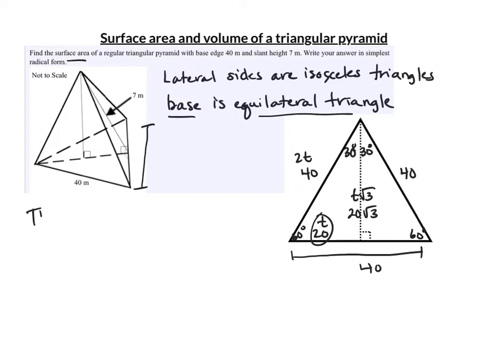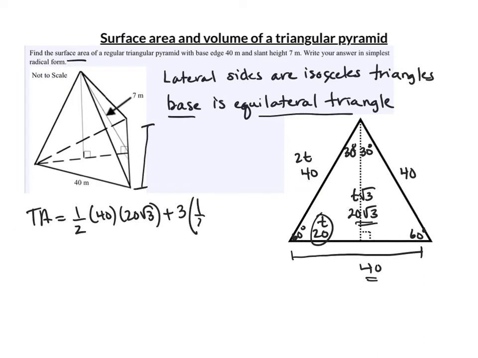So the total area would be the area of the base, which is an equilateral triangle: 1/2 its base, 40, times the height, which we just figured out was 20 root 3. Plus, there are 3 triangles.